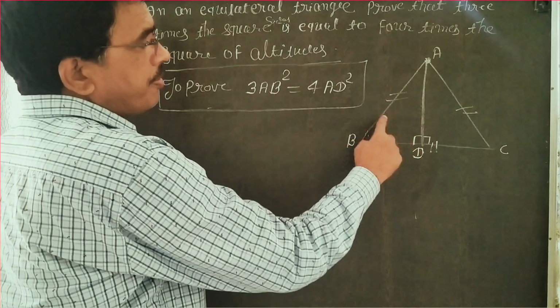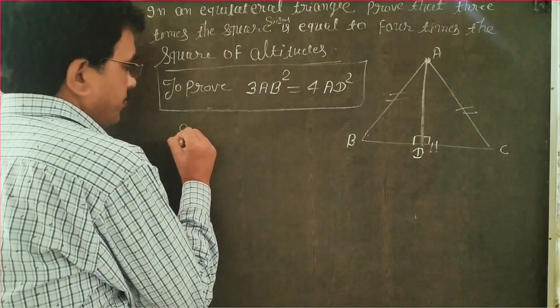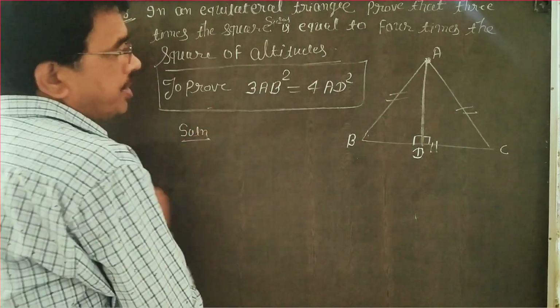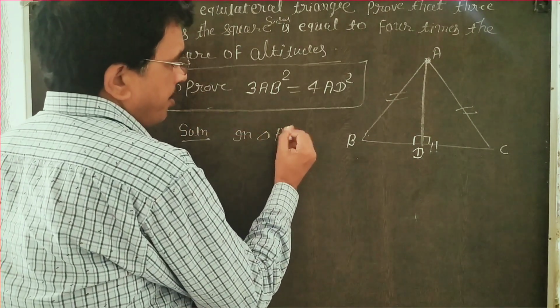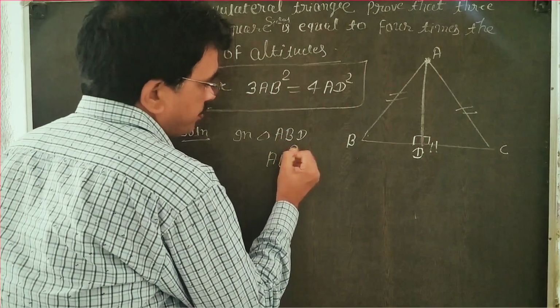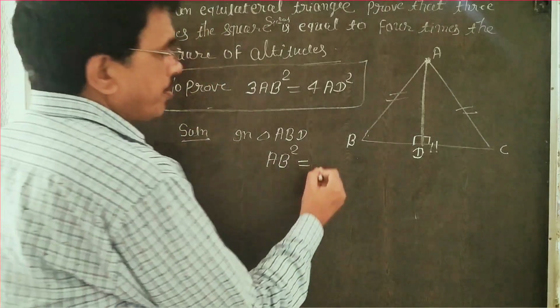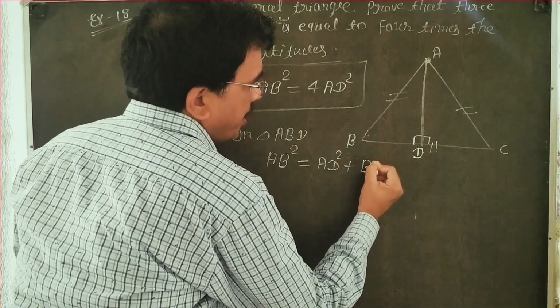In the solution, you write in triangle ABD, AB square is equal to AD square plus BD square.